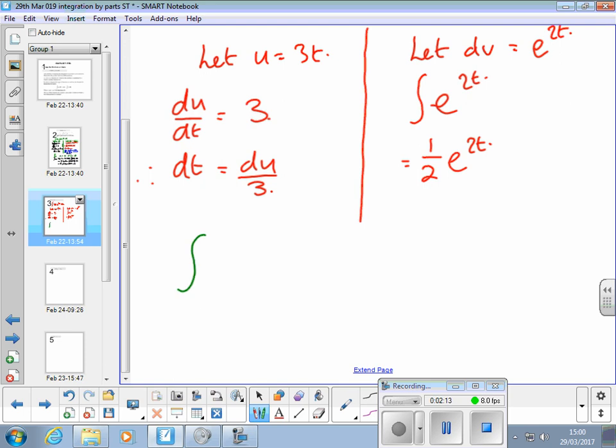So we've got this: the integral of u dv is equal to uv minus the integral of v with respect to du. So you've got to plug those results into that formula.